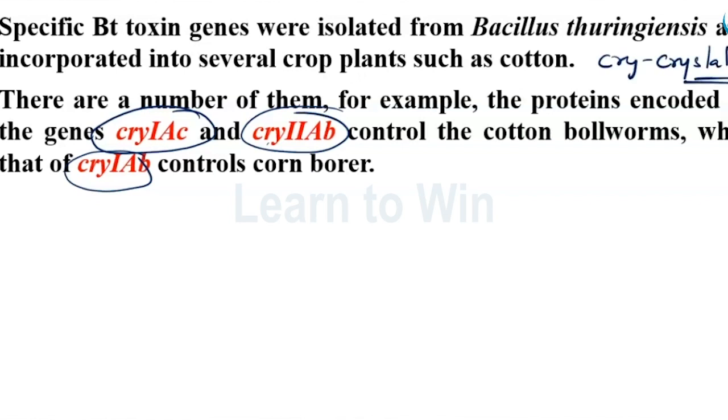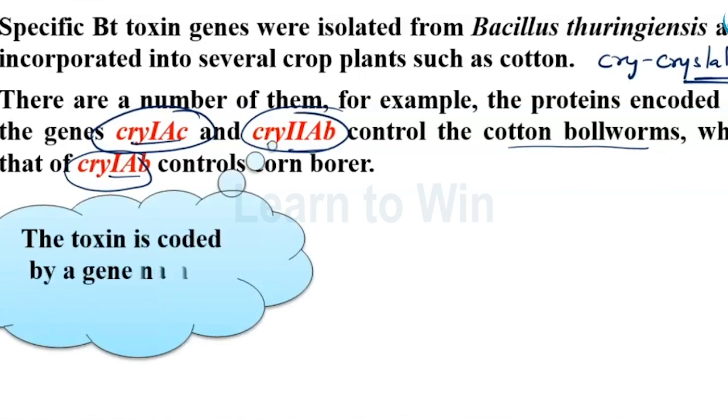The protoxin is in the crystalline form. That's why it is Cry. Now, Cry1AC and Cry2AB control the cotton bollworms, whereas the Cry1AB product controls the corn borer.